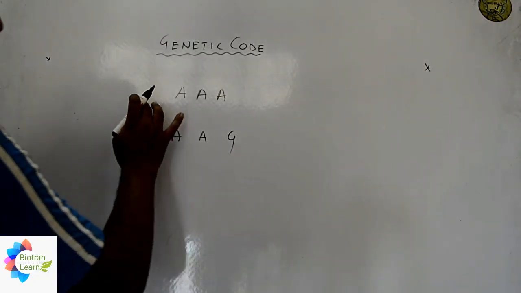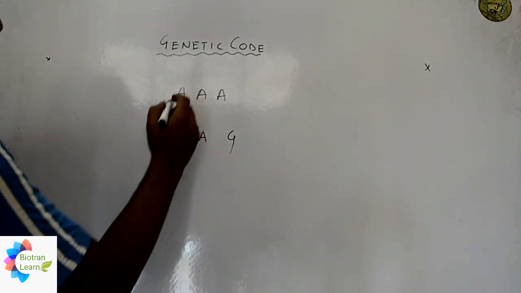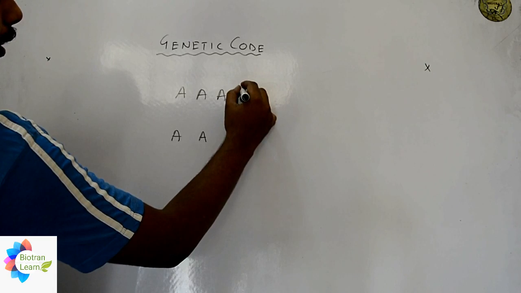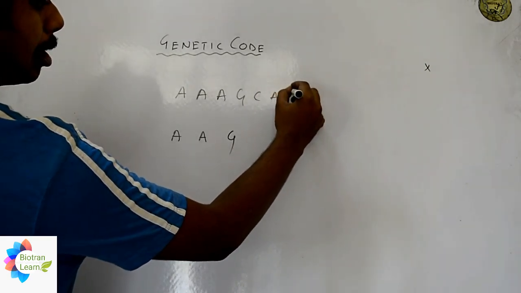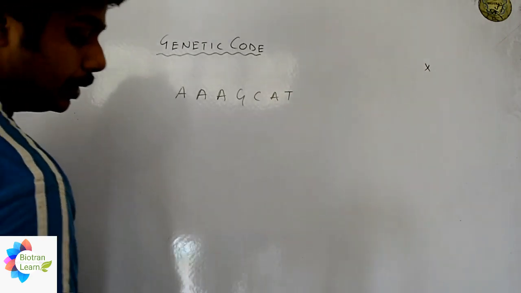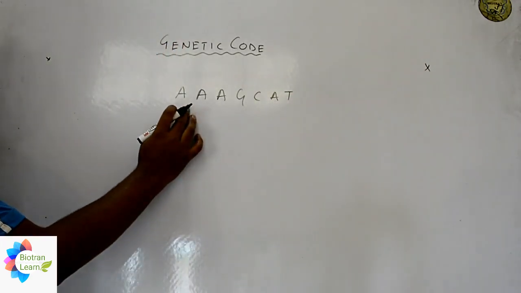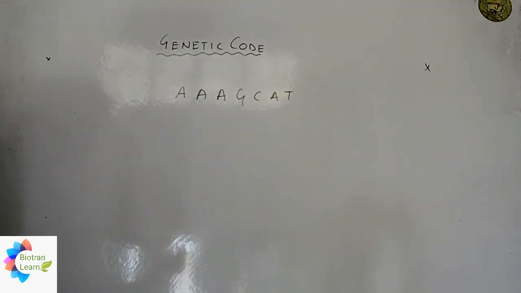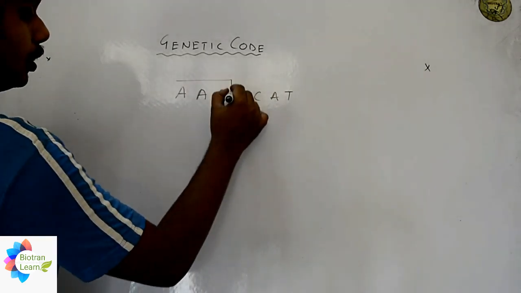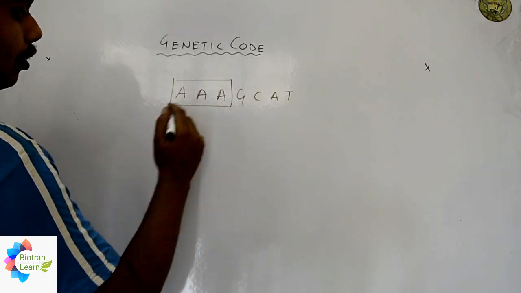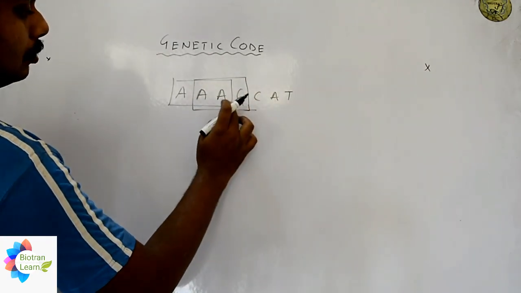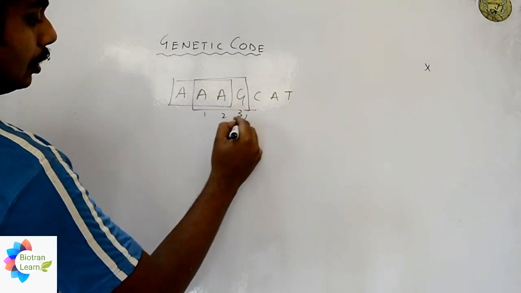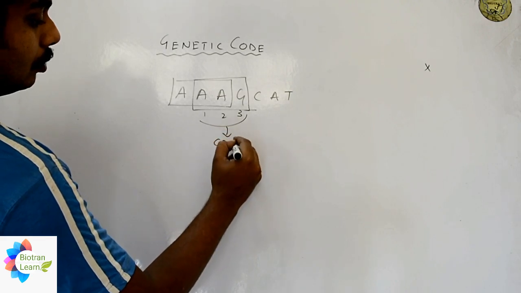So in these codons, we have things like G, C, A, T. If we take a particular sequence of a gene, suppose this one or maybe this one, these 1, 2 and 3 will be known as a codon.